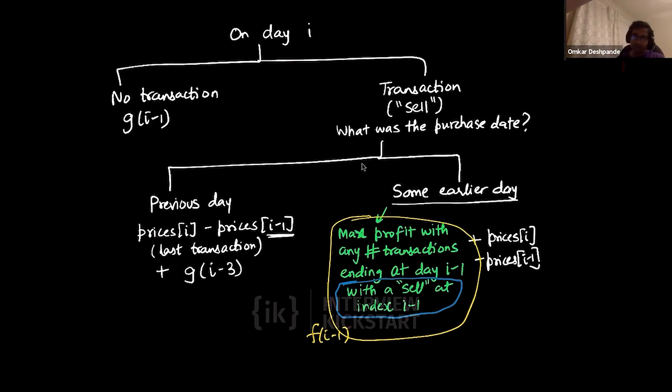Since the buy event happened on I minus 1, any prior sell event would have to happen on or before day I minus 3. So the gap is 2 days.